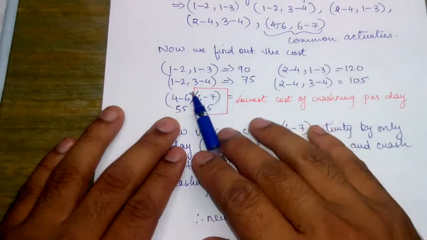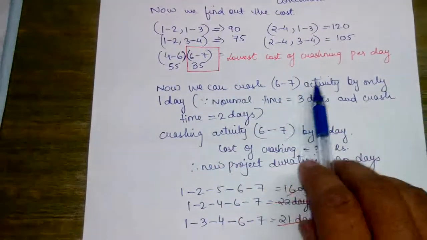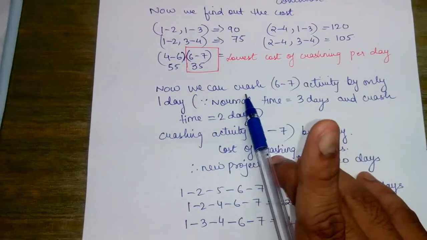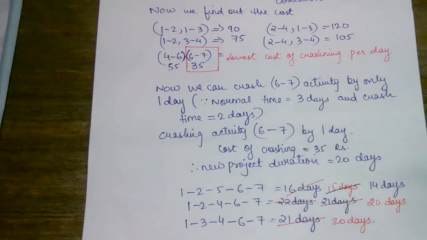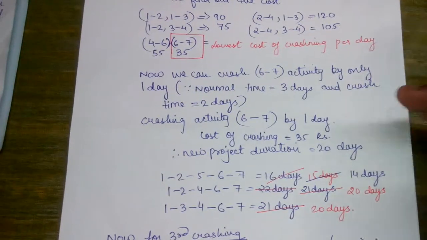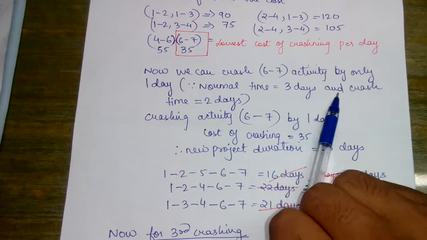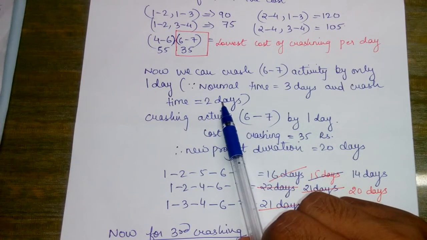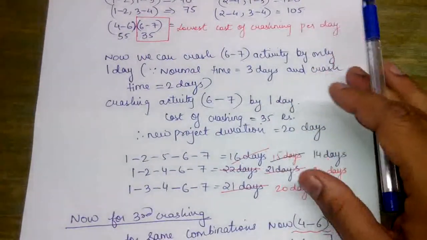Now since this has the lowest cost of crashing per day, we will crash the 6 to 7 activity by only one day. Why only one day? Because we are moving one by one, crashing by one day or one unit of time at a time. The normal time is given as 3 days and the crash time is given as 2 days. That is why we can crash it only by one day.